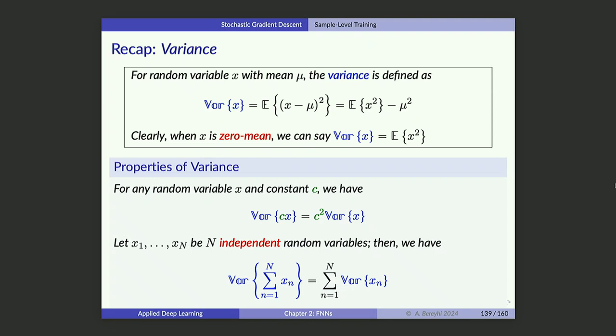This only happens when the random variables are independent, right? Because if they are not independent, all of those cross terms are going to show up. So if you have a bunch of independent random variables and you add them up, then the variance is going to be the summation of the variances, okay? So just as a recap.